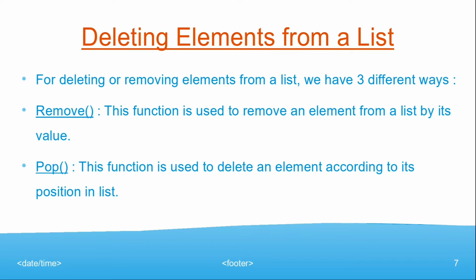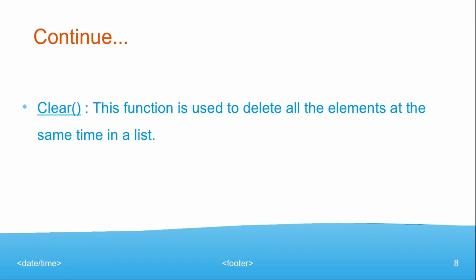We also have the clear function. We do not use it often because it deletes all the elements in the list at the same time. After using it, our list becomes an empty list. This function is not very popular.